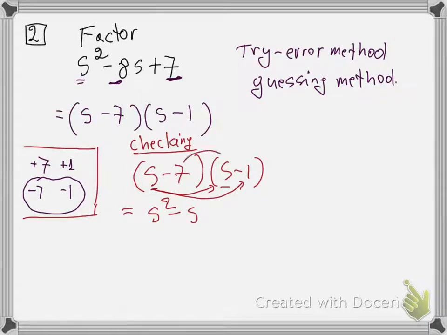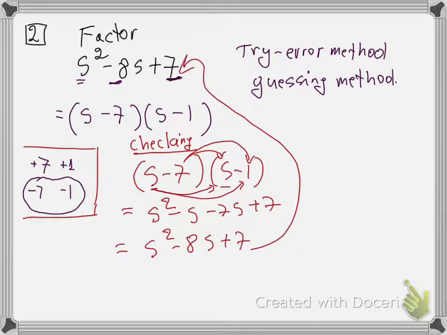And then -7 times s, so minus 7s. -7 times -1 gives plus 7, which will give us s squared minus 8s plus 7, which is the same as the quadratic expression we started with. So the answer is (s minus 7) times (s minus 1).